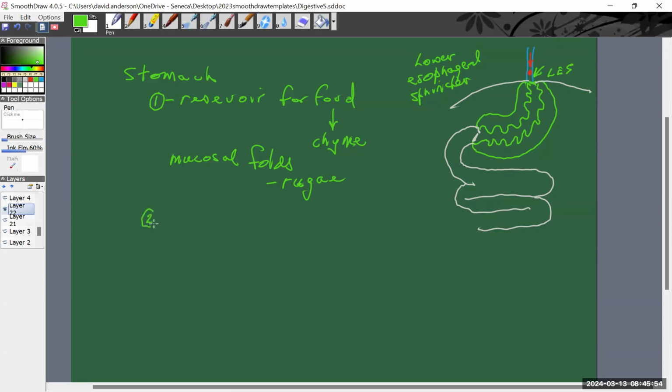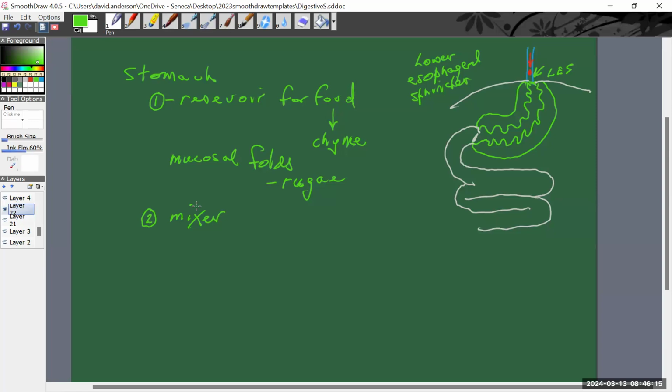And another major function of the stomach is that it is described as being a mixer. We're going to take the contents of food and mix it at the stomach. And when we mix the food at the stomach to be an effective mixer, we're going to see another additional feature to this organization.